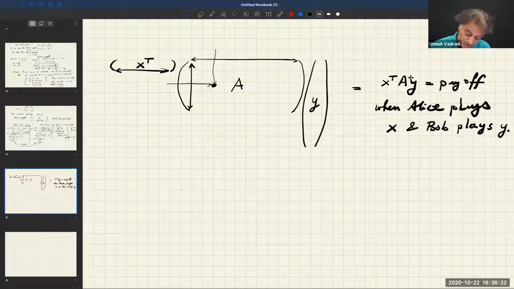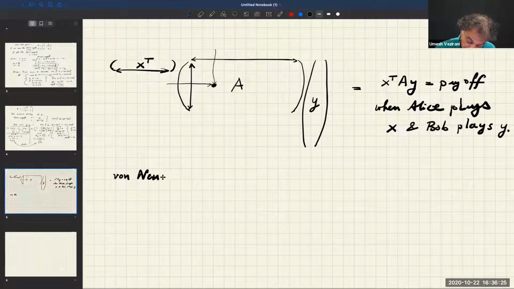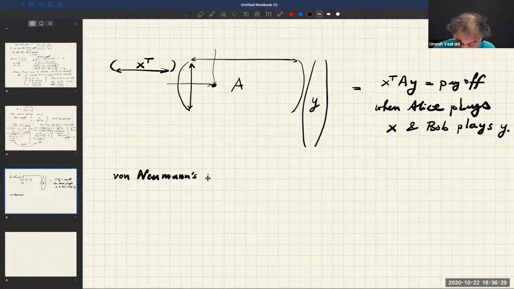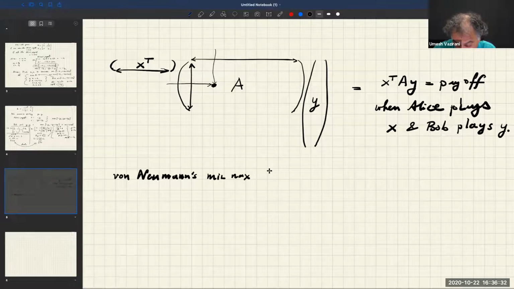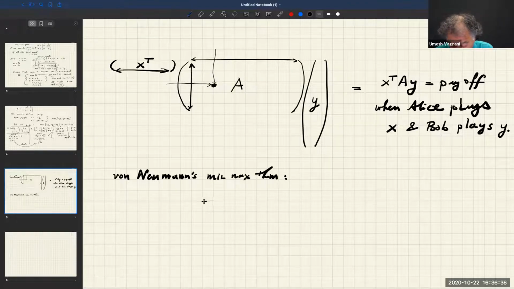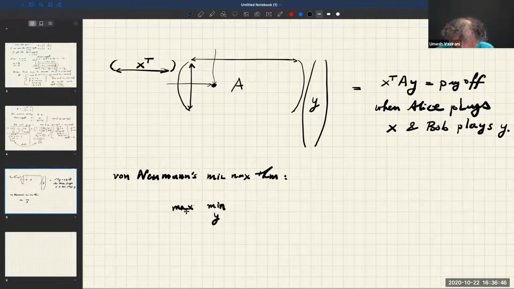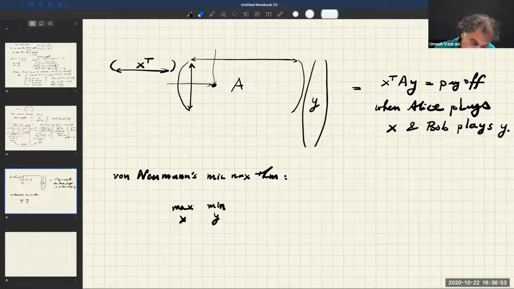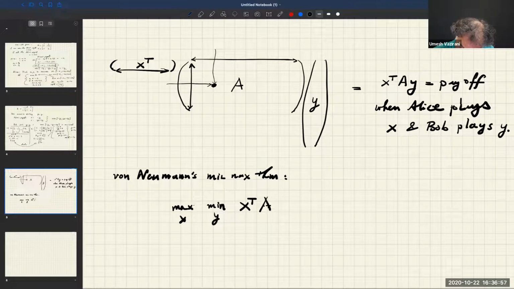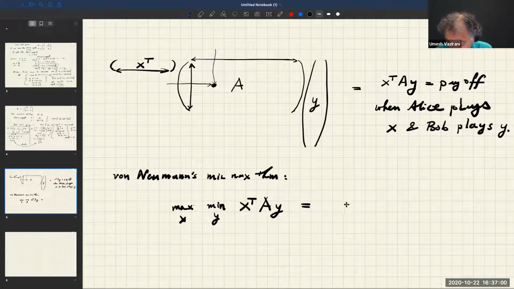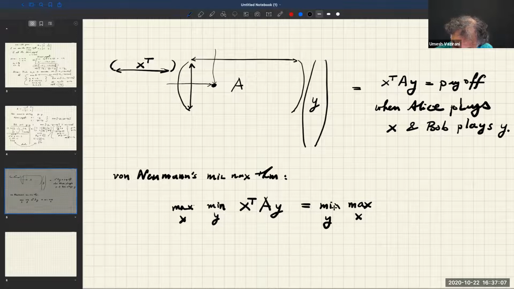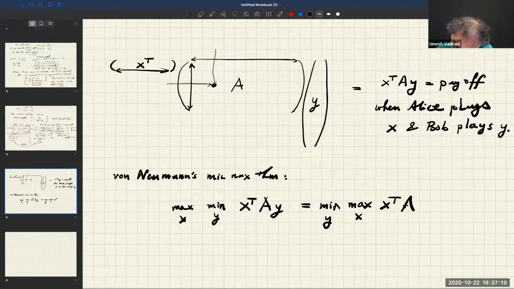No other questions. So von Neumann's min-max theorem then just says that min over Y max over X of X transpose AY is the same as max over X min over Y of X transpose AY.